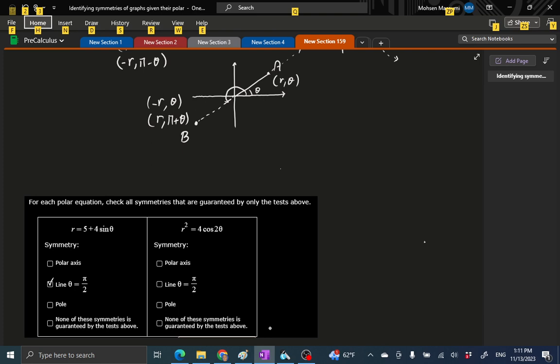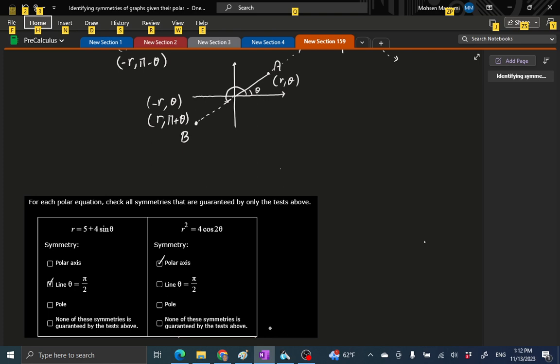And for the second curve, r squared equal to 4 cosine of 2 theta. You remember that was a picture of a ribbon or lemniscate. Lemniscates with cosine were horizontal. They were symmetric with respect to the x-axis or the polar axis, so that would be checked here.